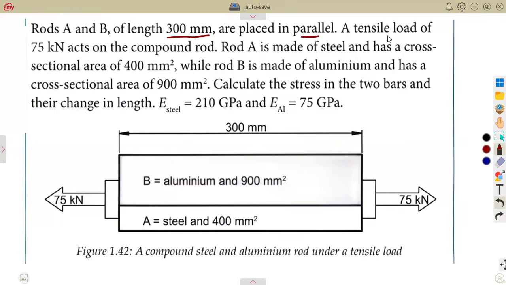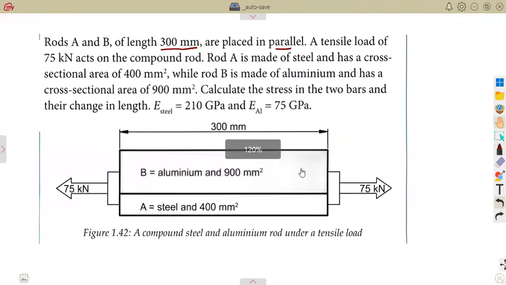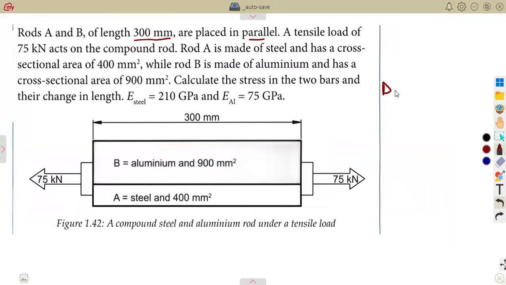Let us take our information according to what we are given. They have the same length. The length at A and the length at B is given as 300 millimeters. Just divide by 1,000: 0.3 meters.